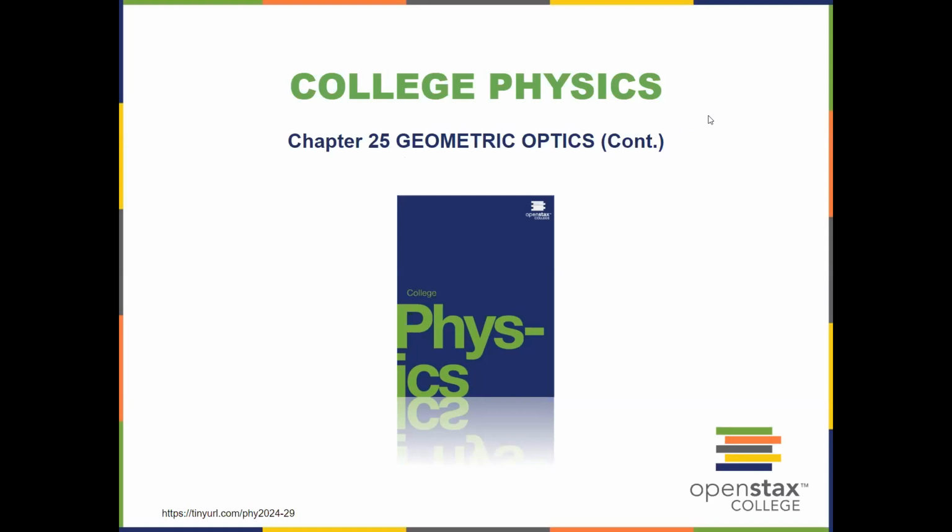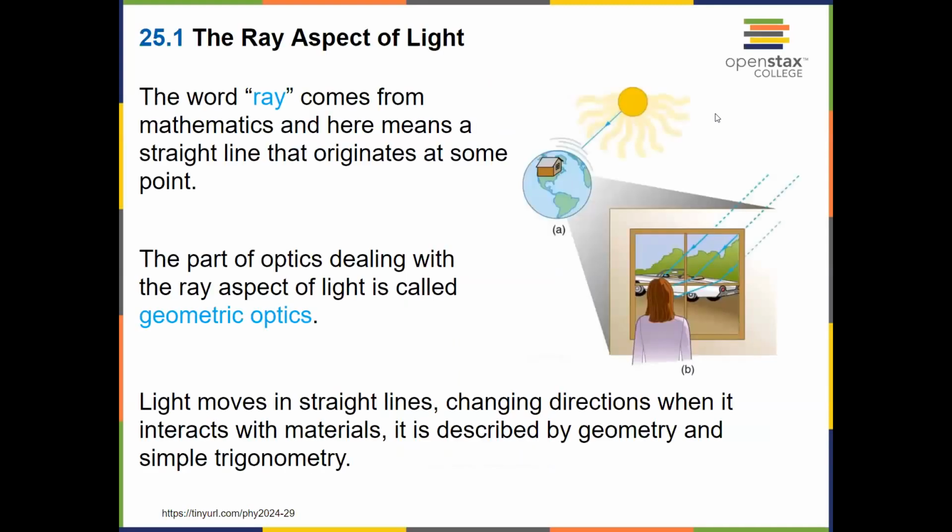So let's take a look at what we covered earlier from this chapter last time. The first section of the chapter talks about the ray aspect of light. You can use a ray to indicate the propagation of light through a homogeneous media. If the media is homogeneous, the light will travel in a straight direction, and you can use a line with an arrow to indicate the direction of travel.